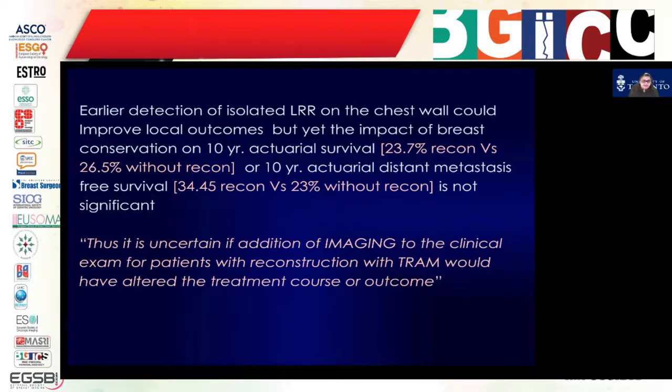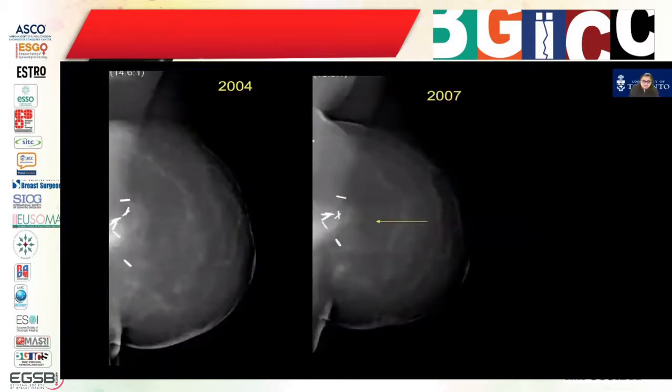And therefore, the conclusion was that addition of imaging for women with TRAM reconstruction may not alter treatment course or outcome. So basically, both for DIEP and for TRAM, there's not enough evidence that screening or surveillance of every single reconstructed breast every single year offers any major benefit.